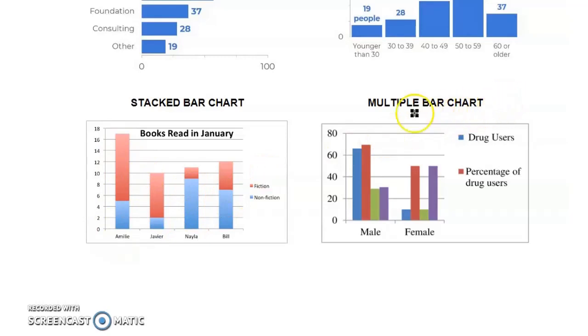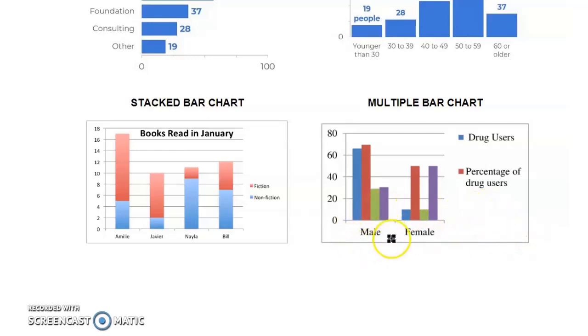This one is a multiple bar chart. Multiple means that in one category, for example, male here, you have other subcategories. For example, this one, percentage of drug users, in green and purple color. This one has a missing label.